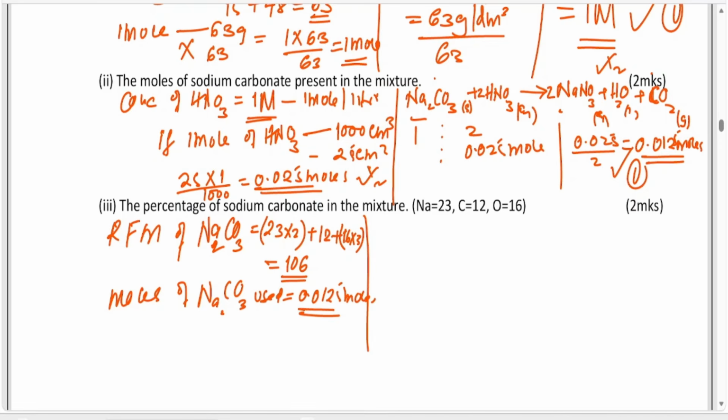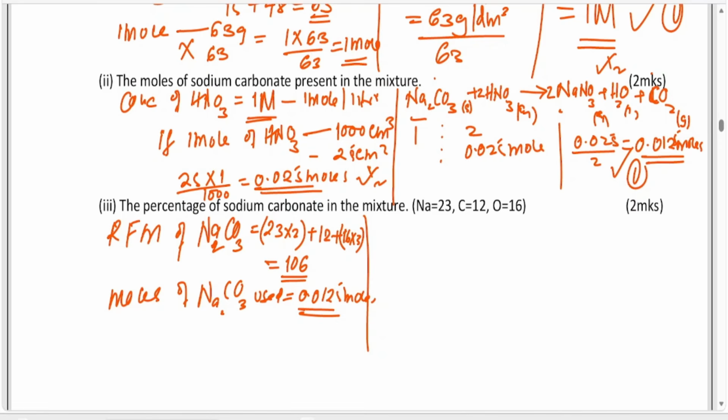These are the moles. So if these are the moles, then what does it mean? We are being asked to determine the percentage. So we need to understand that we were given 7 grams of a mixture.